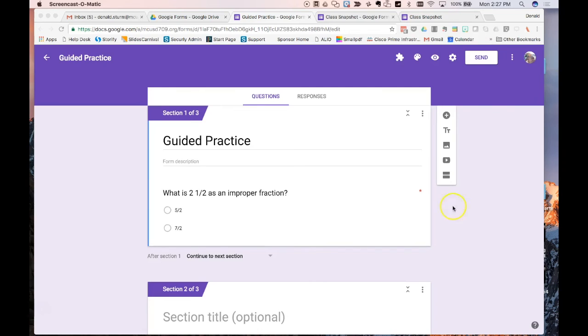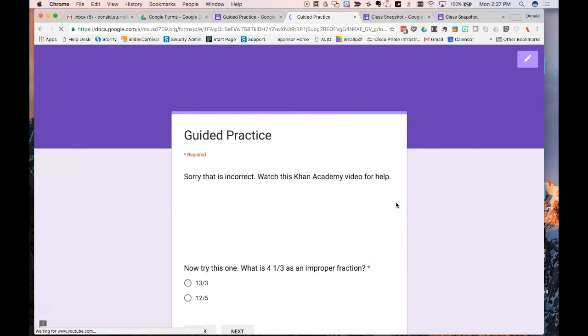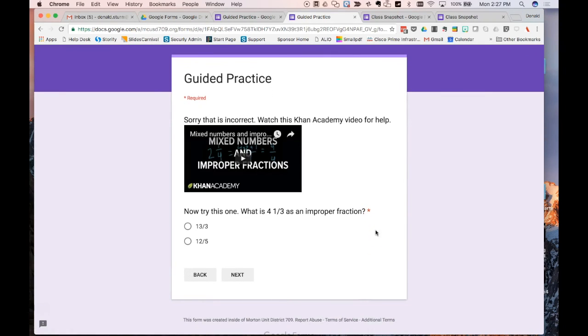But what you're doing, if I go here and I preview this, so I think the preview kind of helps you. So what is 2.5 as an improper fraction? So if I say, well, it's 7/2, and then I hit next, it comes up and says, sorry, that's incorrect. Watch this Khan Academy video for help. You click on this.